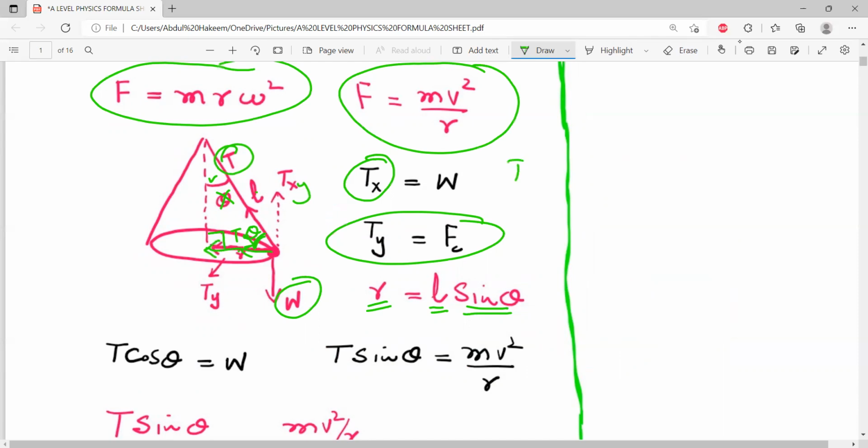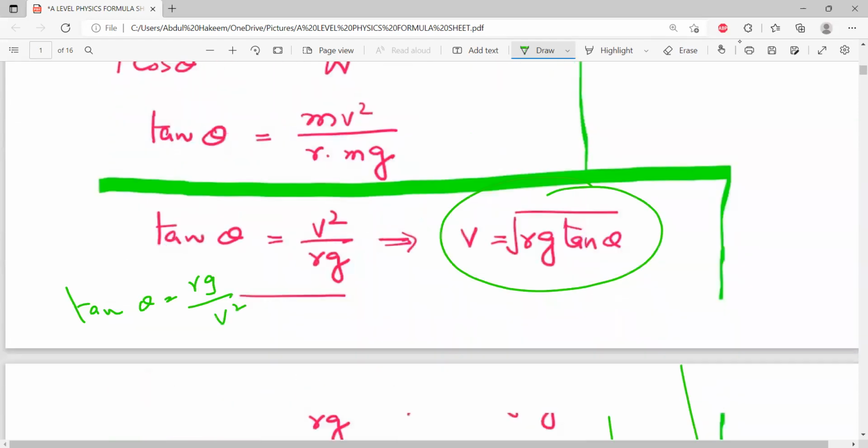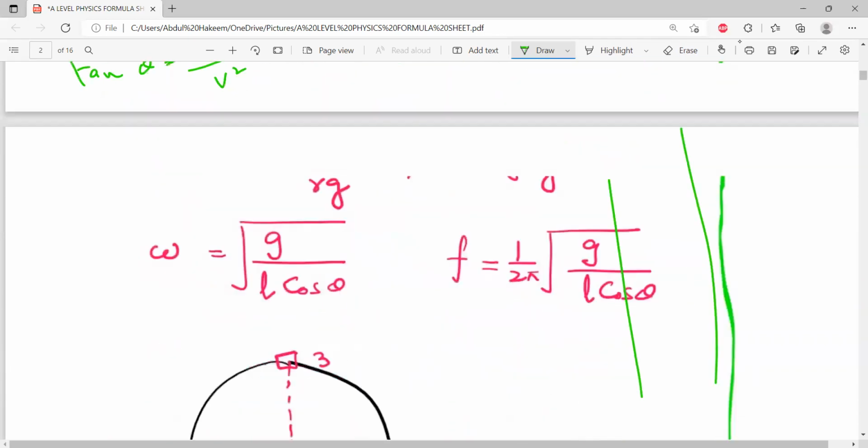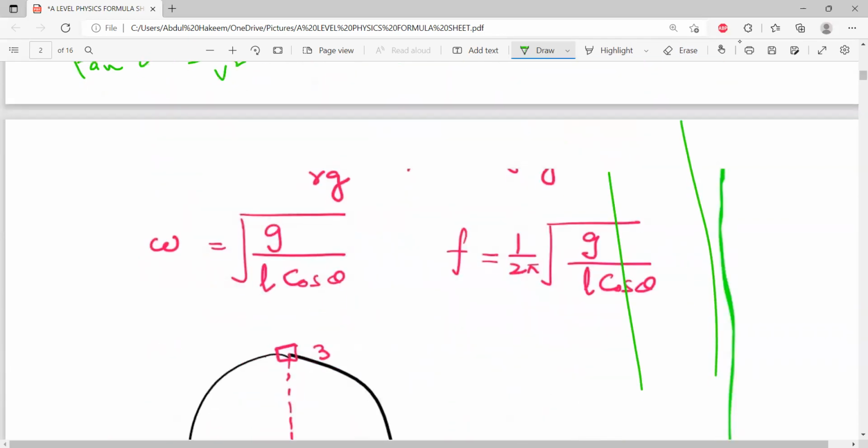So the y component becomes equal to the weight and the x component becomes the centripetal force. That's why the whole scenario is different now. Tan theta is rg over v square, and omega will be the square root of g over L sine theta instead of cos theta, and the frequency will be 1 over 2 pi under root g over L sine theta instead of this cos theta.